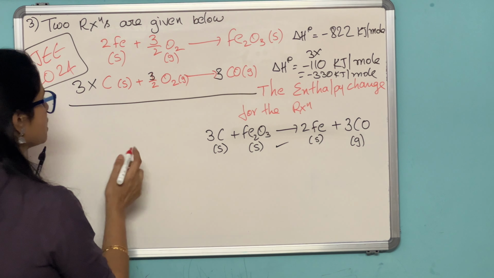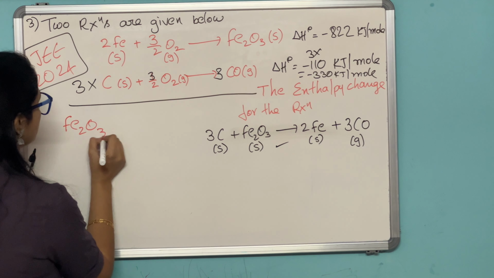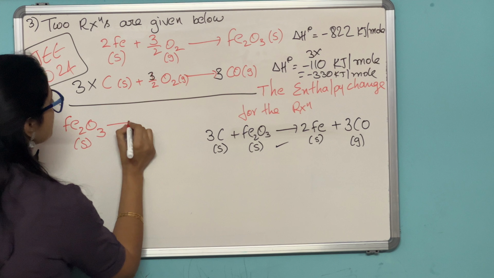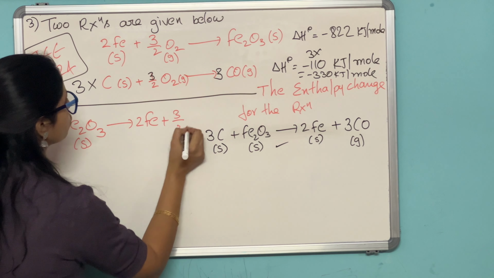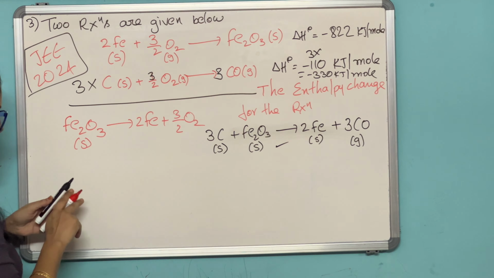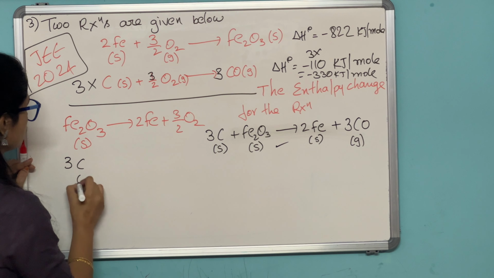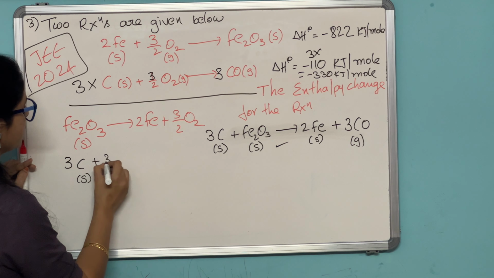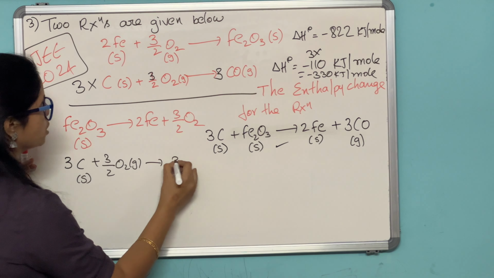You reverse the first equation. So this will become Fe2O3 solid gives rise to 2Fe plus 3 by 2 O2. So what is the second equation? It is 3C solid plus 3 by 2 O2 gas gives rise to 3CO.